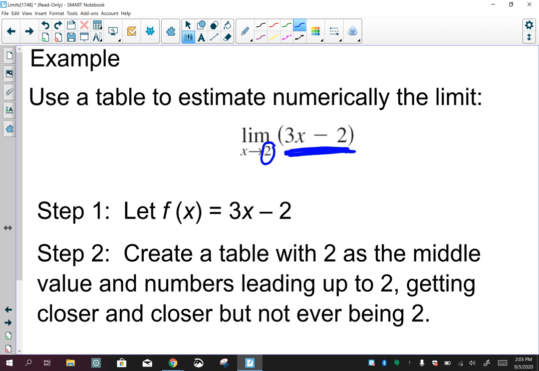Then I'm going to pick numbers. I can pick 3 numbers on both sides, left and right, so you'll have 7 numbers total, or 9 numbers total, however many you want. But all these numbers are getting closer and closer to the number 2 in this case.